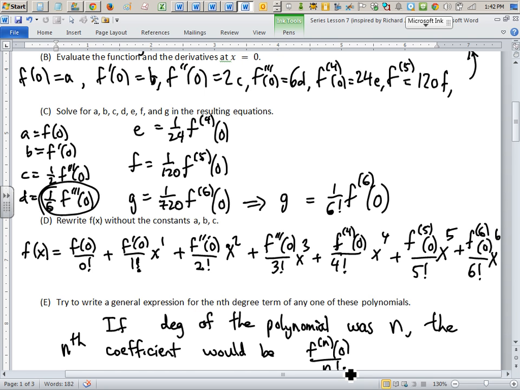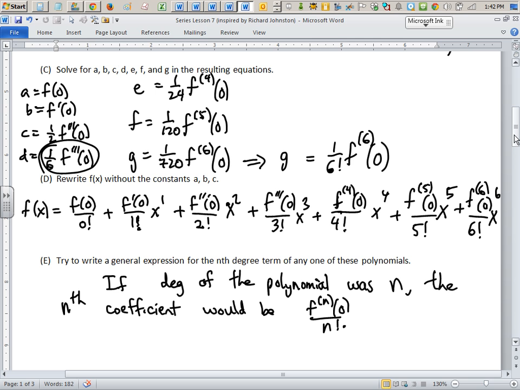That's an n factorial. So if the degree were n, a random coefficient deep down in the polynomial would be the nth derivative at 0 divided by n factorial.